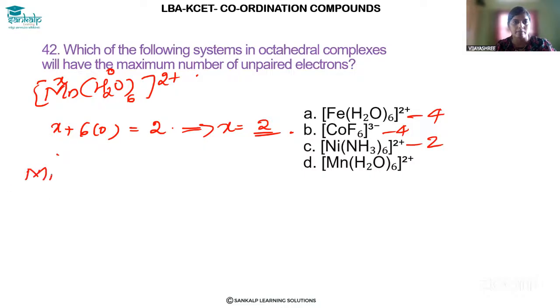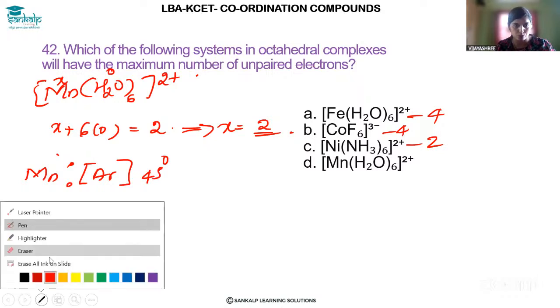Now let us write the neutral Mn electronic configuration. What is the atomic number of manganese? It is 25. We have to distribute 25 electrons. It will be argon 4s0. Sorry, it is 4s2.